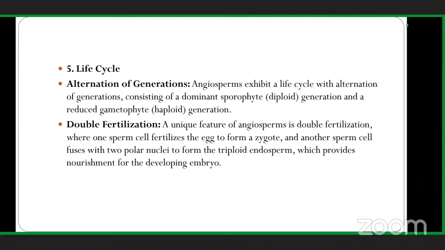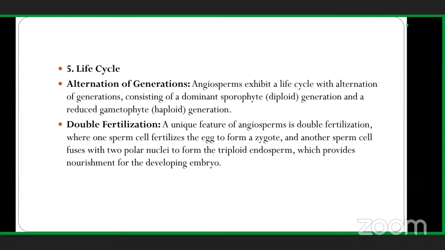There is production of two sperm cells during gamete formation, and one sperm cell will fuse with the egg to form a zygote, and the other sperm cell, number two, will fuse with two polar nuclei to form a triploid endosperm, which provides nourishment for the developing embryo.